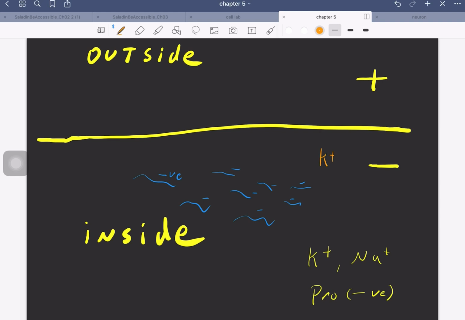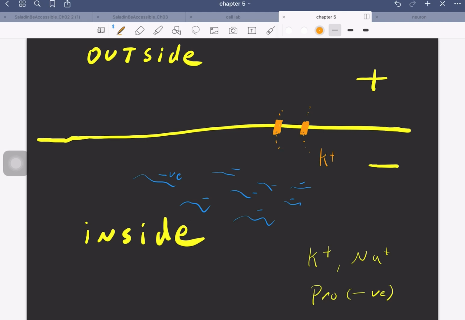Now let's just look at what potassium is doing. Potassium is inside the cell, but there are these little potassium channels, and these are open all the time. And potassium has the ability to leave the cell, and it has the ability to enter the cell.